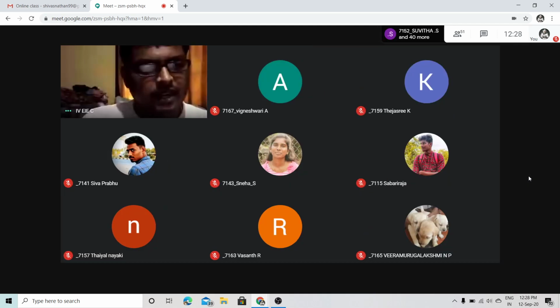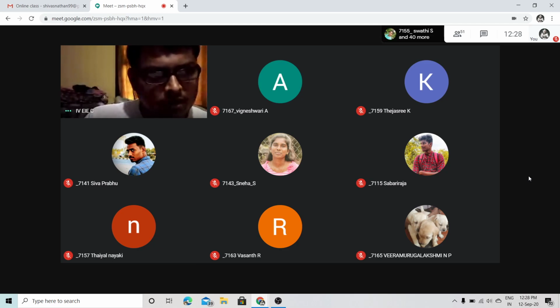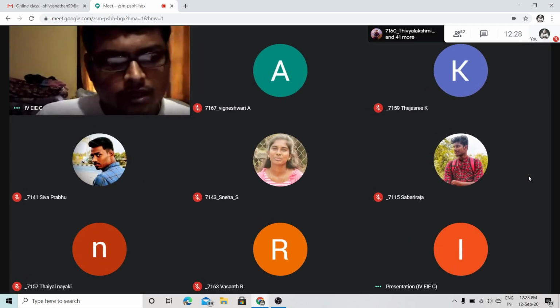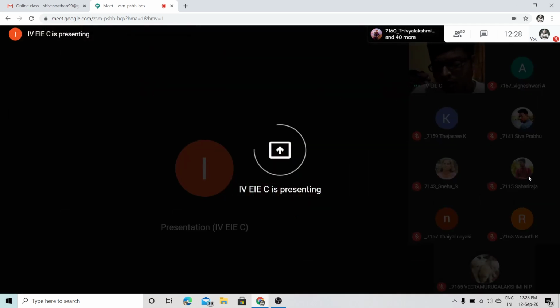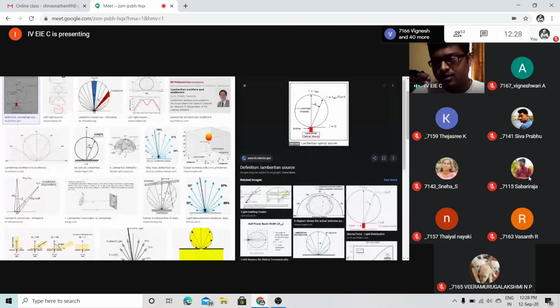I will show you sample images where you can understand how a Lambertian source may work. Hope that it is visible for you. Now you can see a Lambertian source on your presentation, an optical source containing different beam projections, where I is the luminous intensity.